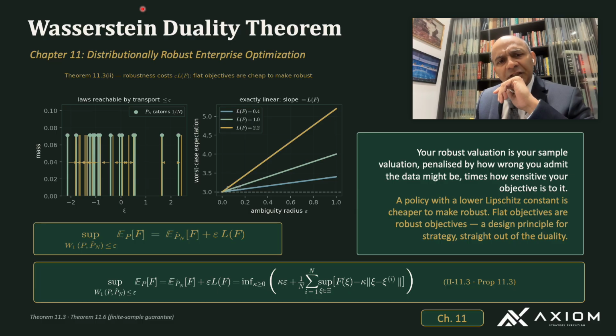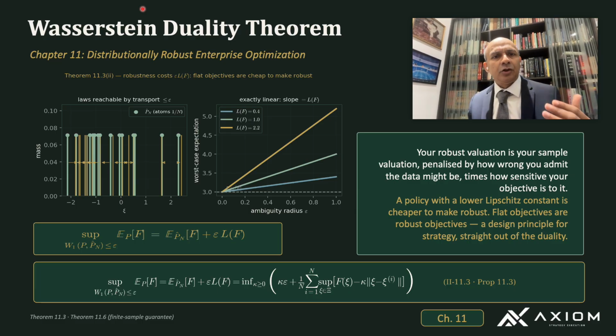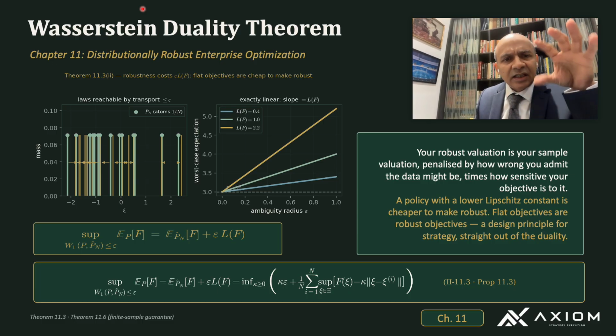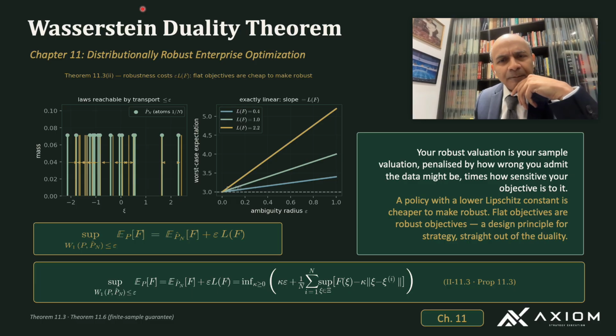Your robust valuation is your sample valuation, penalized by how far you are willing to admit your data might be wrong, multiplied by how sensitive your objective is to the thing you are uncertain about. Theorem 11.6 then gives us finite sample performance guarantees, the out-of-sample bound that justifies the radius choice.